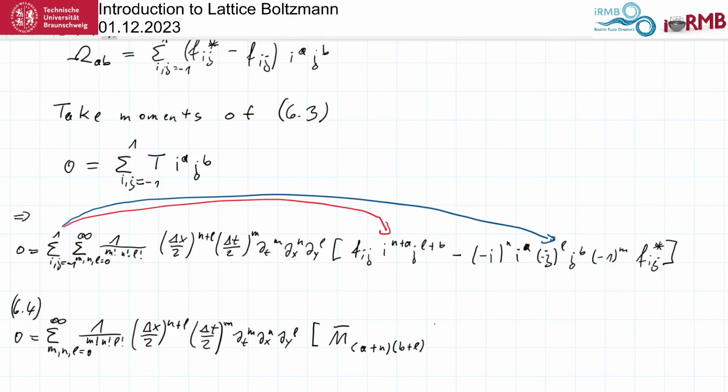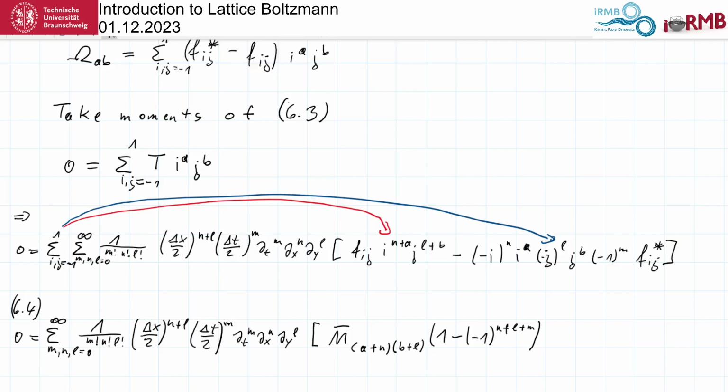This requires a little bit of algebra, and I have not checked it yesterday, so I just write it down. This is what comes out, I hope it's correct. We have 1 minus 1 to the power n plus l plus m.